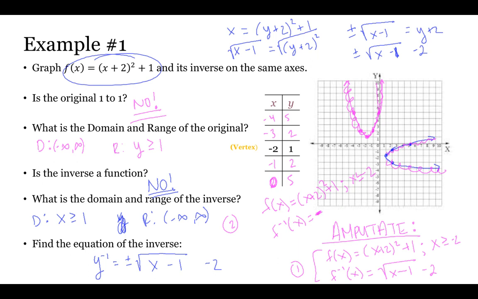So I want the negative piece of it. The negative square root, because I want the range to be y is less than or equal to negative 2. So it would be negative square root of x minus 1, minus 2. All right, so just thinking about that. And again, if I didn't tell you how to amputate it, you can do whichever one you would like.